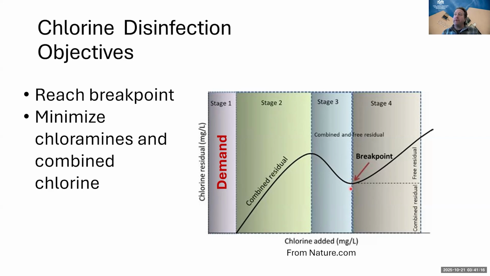After breakpoint, all of your residual is going to be free chlorine residual, which is the best type of residual. When we practice breakpoint chlorination, we want to minimize those chloramines and the combined chlorine. So we want minimal combined residual chlorine and as much free residual chlorine as possible, depending on our goals.